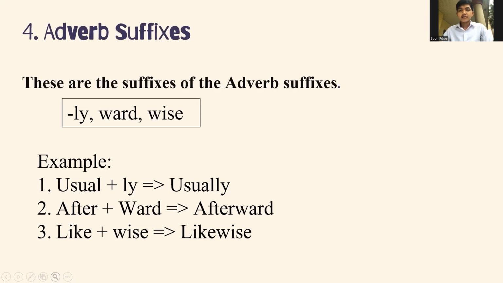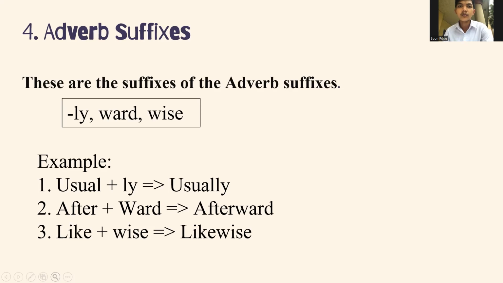This is my last point of the presentation. It is about adverb suffixes. In the adverb suffixes, there are only three common suffixes that are usually used with adverbs, like ly, ward, and wise.